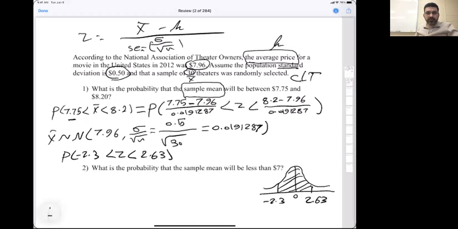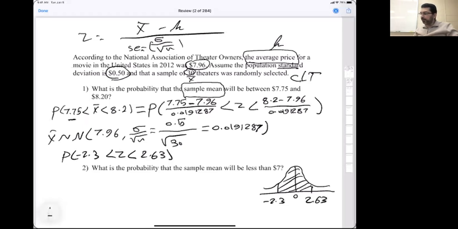Or you can use technology. I will show you how to find it with technology, but you also have to know the traditional way, because this is the background of any Excel function, for example, which works in the same manner. So we need to find the area under this curve between negative 2.3 and positive 2.63.